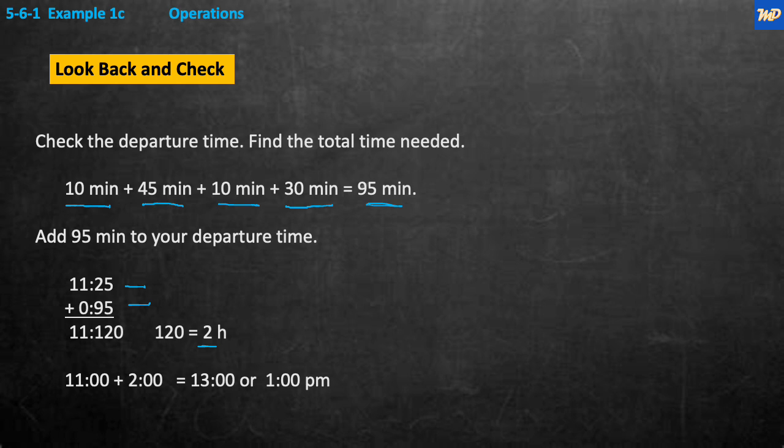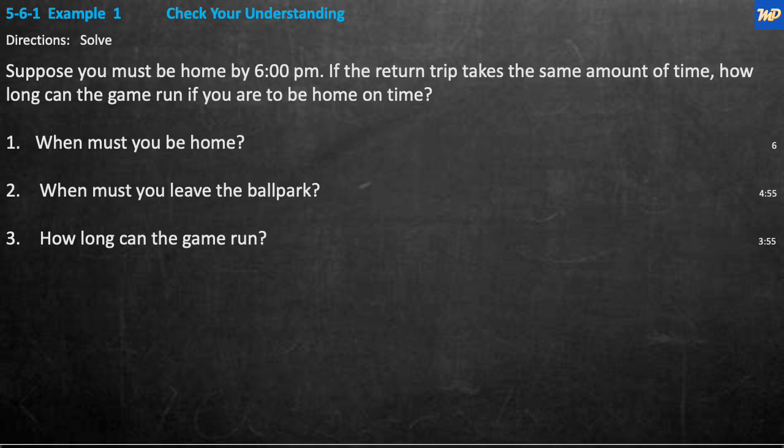So this is 1 o'clock. So this is 13. 11 and 2 is 13. And 13 converts to 1 p.m. We were successful.